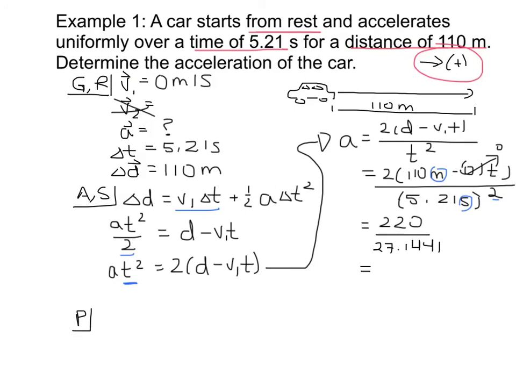And then if we do 220 divided by 27.1441, I get 8.10489, etc. So I'm going to account for maybe 3 significant figures here.